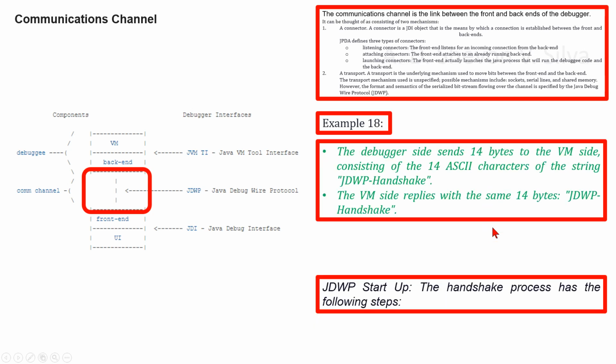Now we are considering JDWP startup. A handshake process has the following steps. The debugger side sends 14 bytes to the VM side, consisting of the 14 ASCII characters of the string JDWP-Handshake. The VM side replies with the same 14 bytes, JDWP-Handshake.